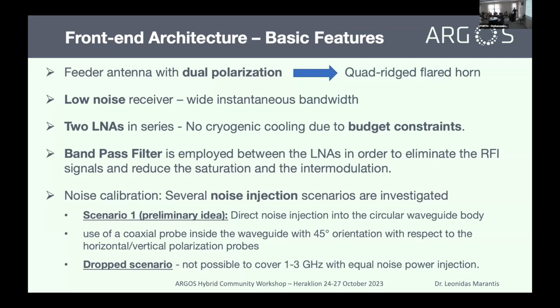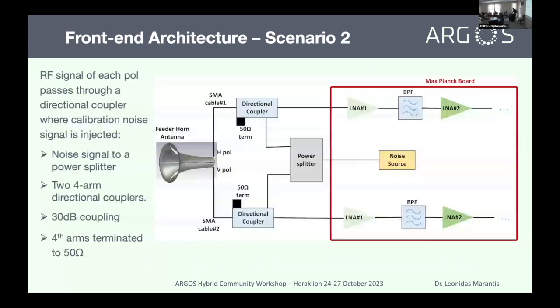But we investigated this scenario a bit and we dropped it, because we thought that it's quite impossible to have an equal noise power through the whole band, because the band is quite big, it's 1 to 3 gigahertz. So we have quite a big variation, like a 10 dB variation in the noise power. So we dropped the scenario.